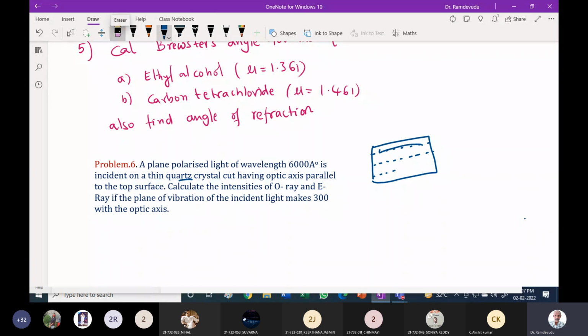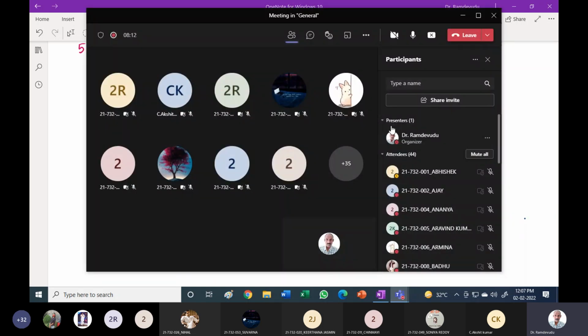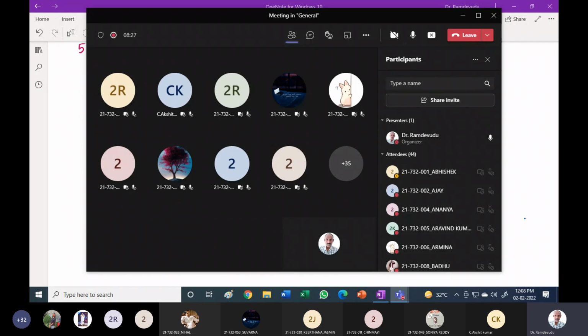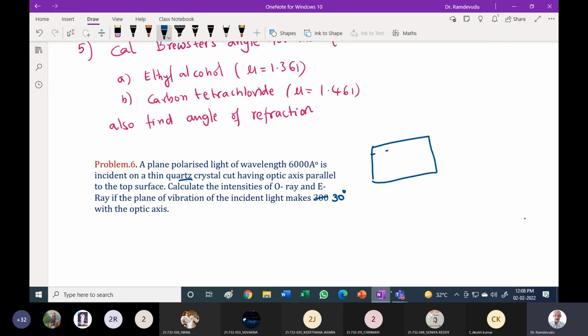Now they're asking to calculate the intensities of the E ray and O ray, if the plane polarization is taking an angle of 30 degrees, not 300. You make it 30 degrees.